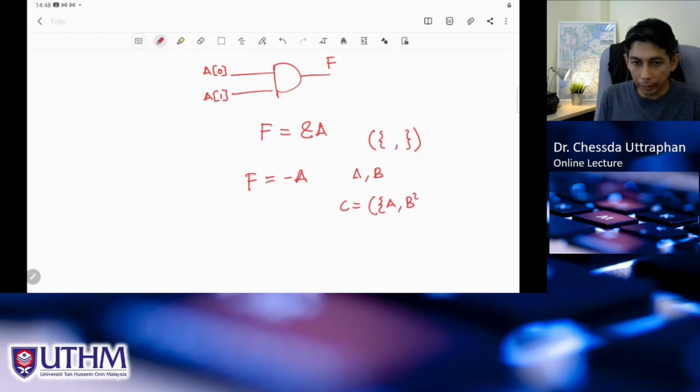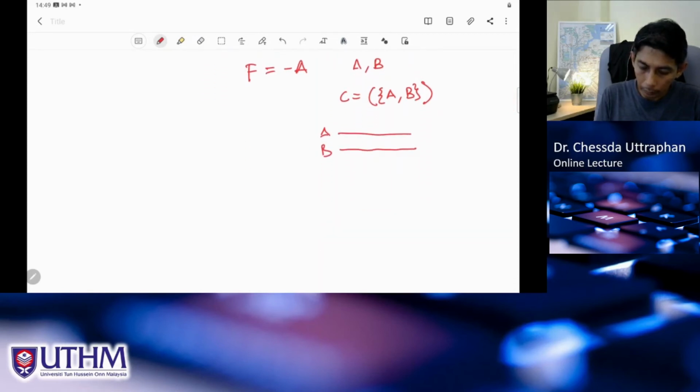The original wires are A and B. When we do that, we rename this wire, and we can use it later on as C, where this one will be C0 and this one will be C1.